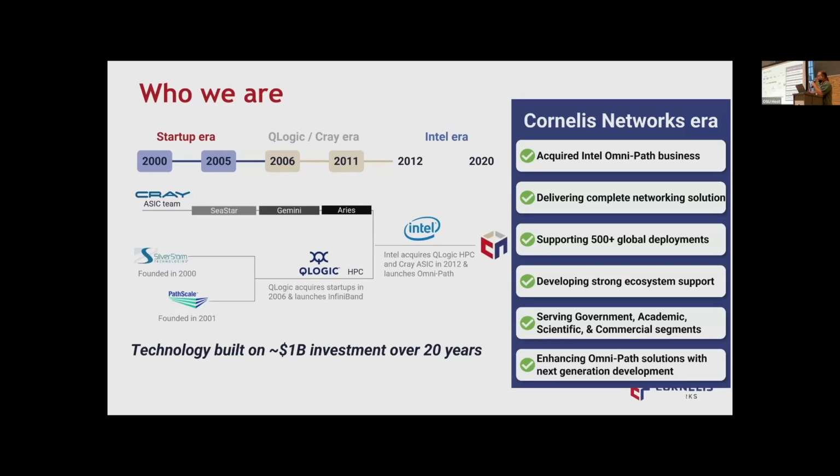They combined the best of IB and the best of the C-Star interconnects, and that was OmniPath. We split out of Intel about 3 years ago. At a break, I can tell you the history there if you want, but I didn't feel like we should do that right here. So we have a lot of history here with IB, starting back in the Silverstorm days and then through OmniPath.